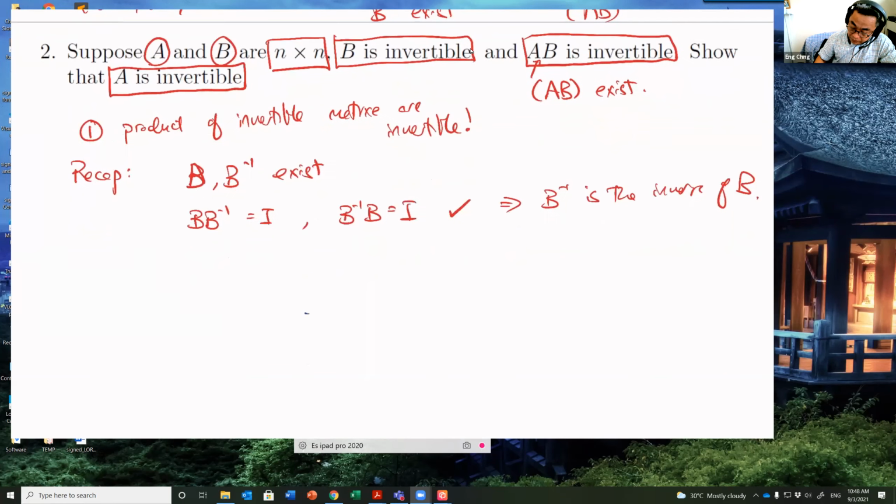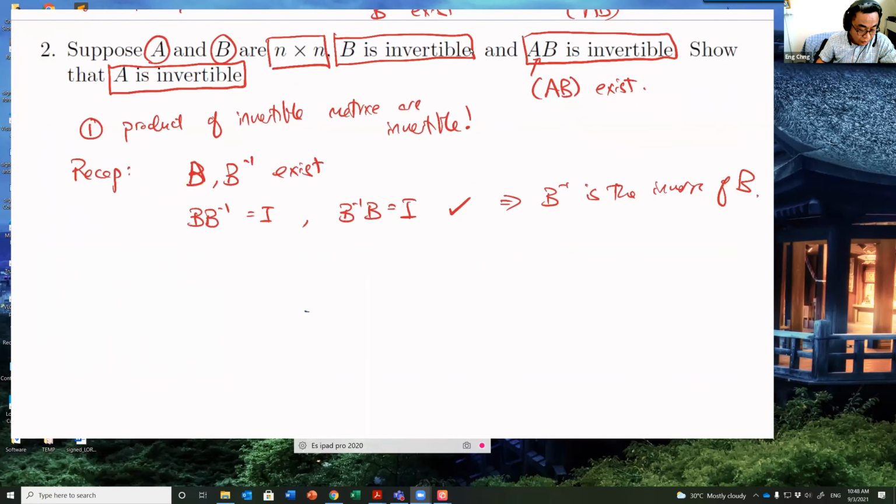Now, let's see what happened. We start with this AB. We know that AB exists. Let's call it C first, okay? And we are going to post-multiply by B minus 1.